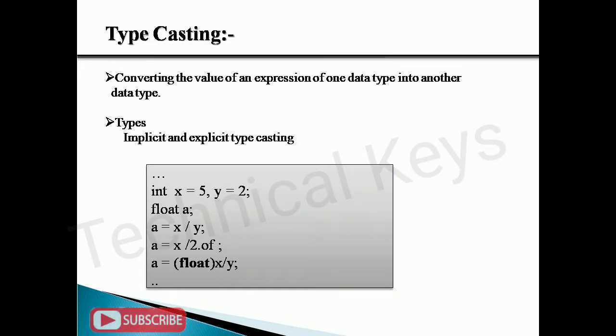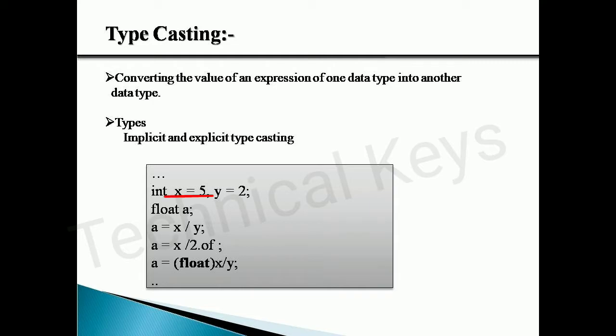Now I know the answer is 2.5, because 5 divided by 2 gives 2.5. But if we don't apply typecasting here, you are not going to get 2.5. In the first statement, a simple statement is written as a = x / y.